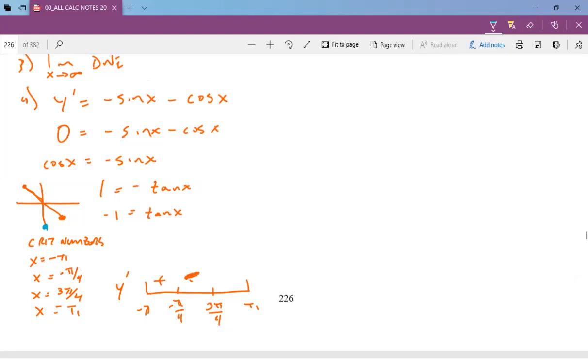And then our last interval between 3 pi quarters and pi, this is maybe a place where we would consider either jumping into your calculator. We don't have to do it that way. We could take 5 pi 6 and take negative of sine of 5 pi 6, which gives me negative 1 half, minus cosine, and cosine there is negative root 3 over 2.